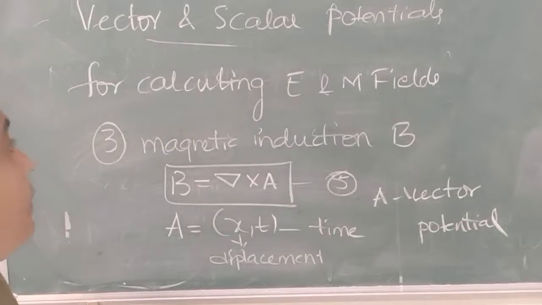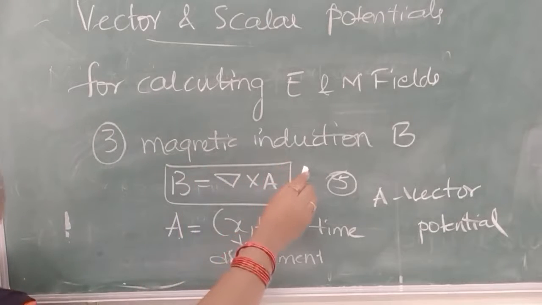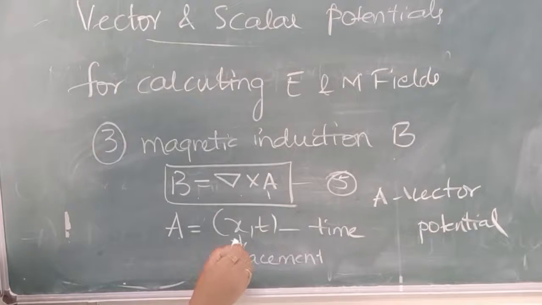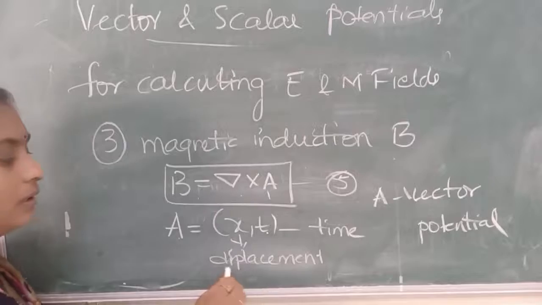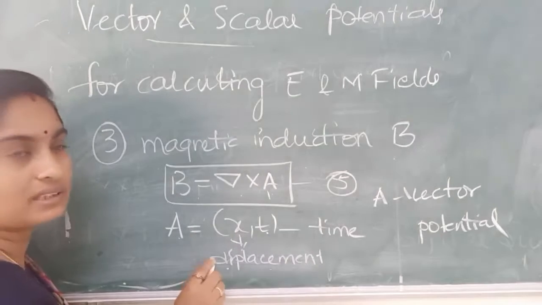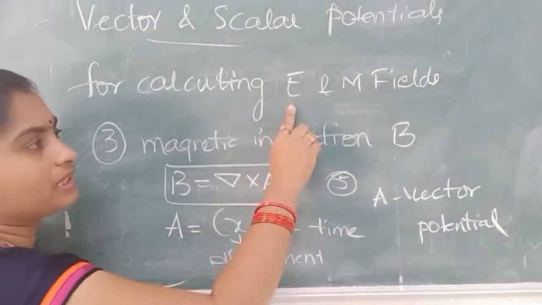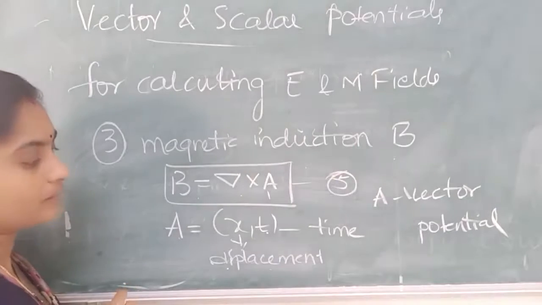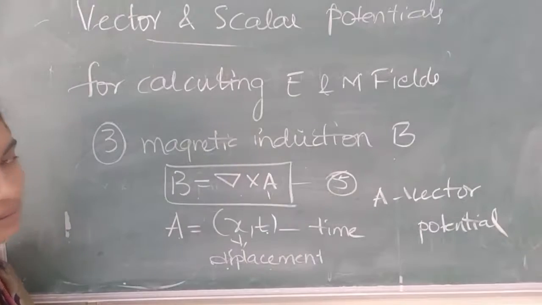Got it? Here x is the displacement made by the charges in the presence of electric and magnetic fields, and t is time.